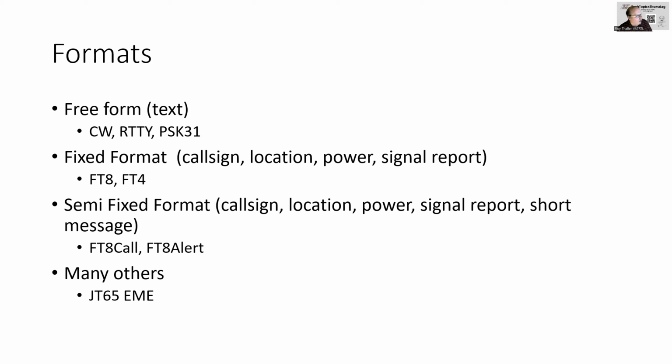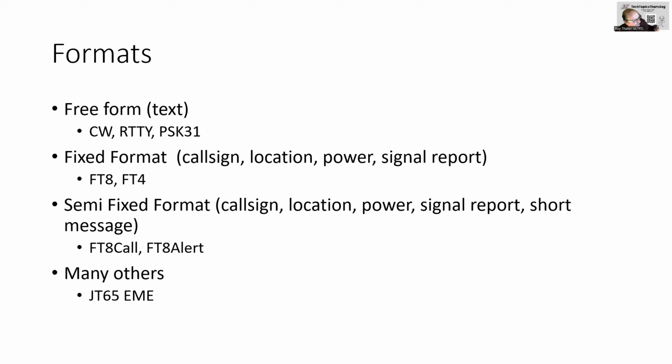Now, people have wanted to add a message to them, so they've come up with these other formats, which are sort of semi-fixed formats where you can actually add a short message to it. And these are things like FT8 call and FT8 alert. And then there are many other programs such as JT65 that are used for Earth-Moon-Earth bounce experiments.